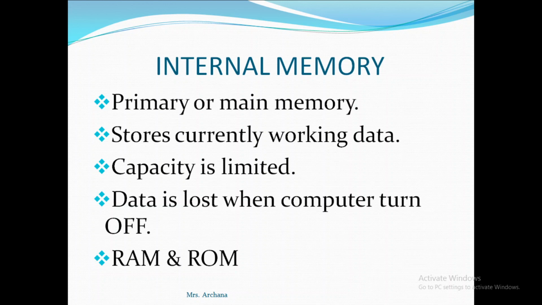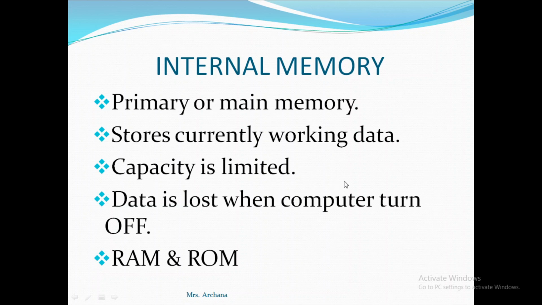What is internal memory? Internal memory means it is the primary or main memory. It stores the currently working data. That means whatever things we are doing on a computer at present, after switching on the computer, those things are stored in the internal memory.